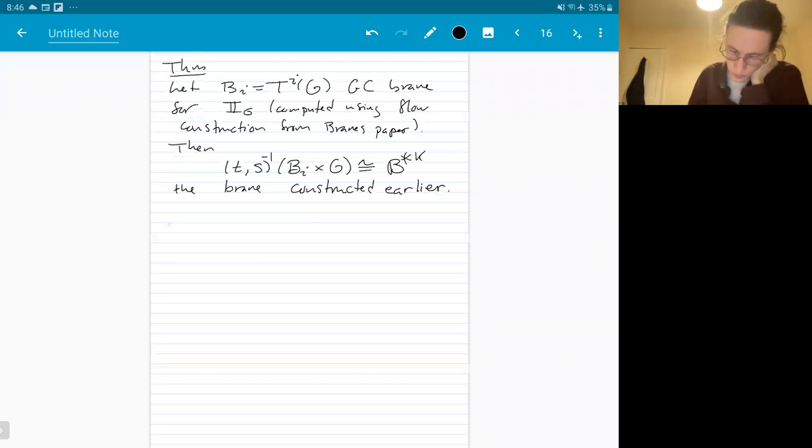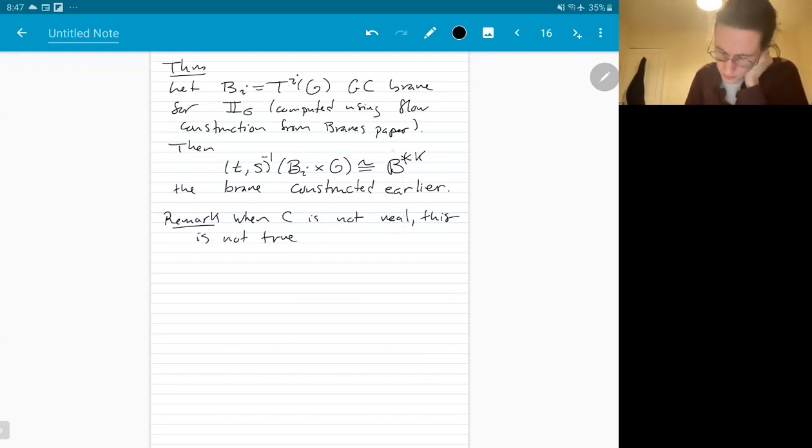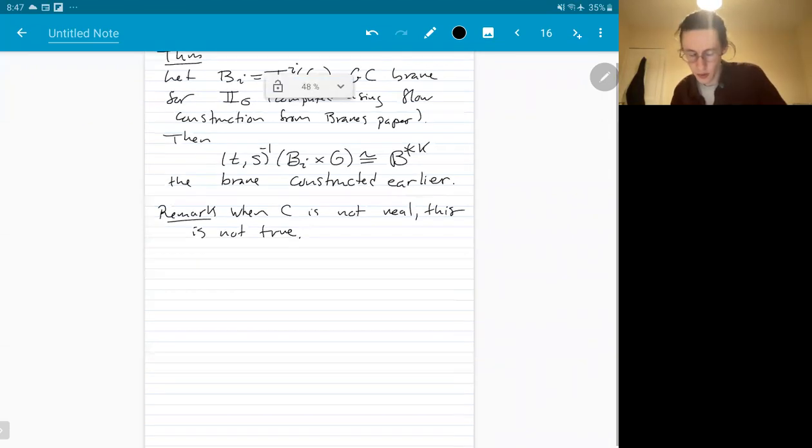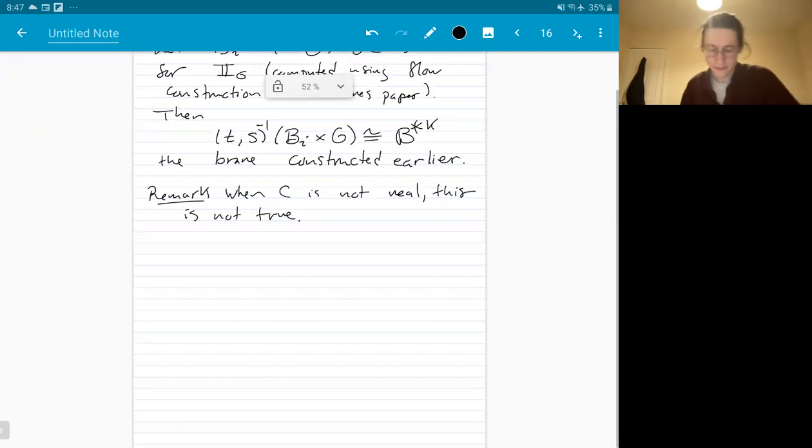Just as a remark, when C is not real, this is not true. It changes to something else, but it's very close. It doesn't really cause any issues. I just don't want to go through the details of that.